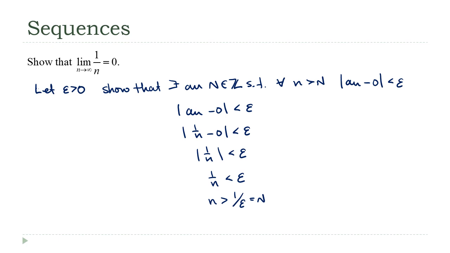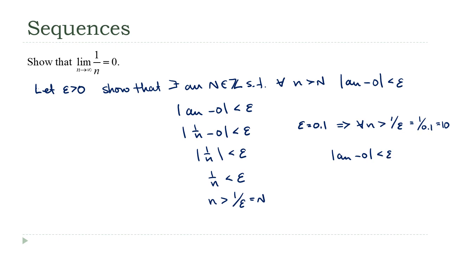So just to see this in action, let's say we pick a specific value for epsilon. Let's say we pick epsilon equal to 0.1. Our calculations here say that for every n greater than 1 over epsilon, which is 1 over 0.1, which is 10, the absolute value of a sub n minus 0 is going to be less than epsilon.